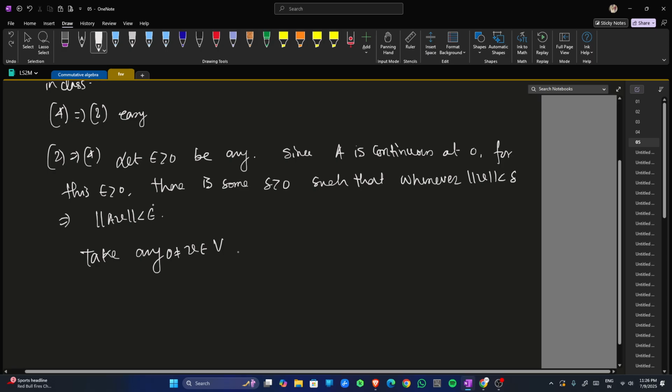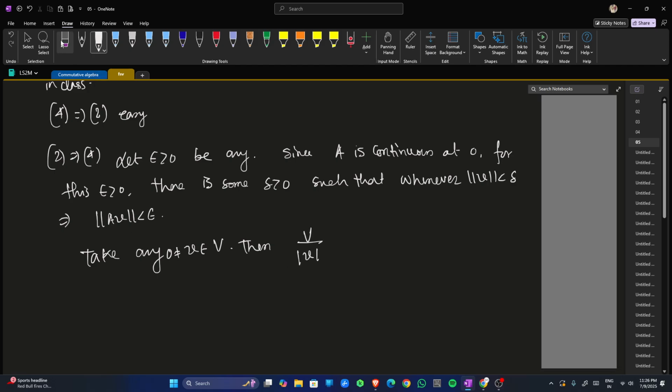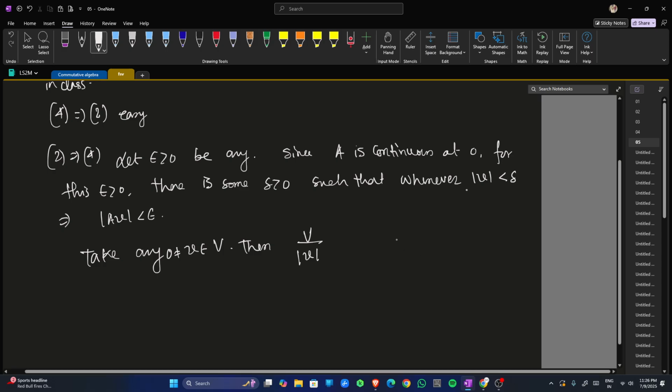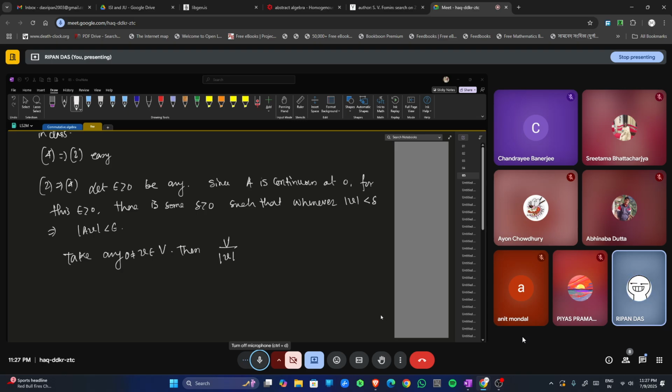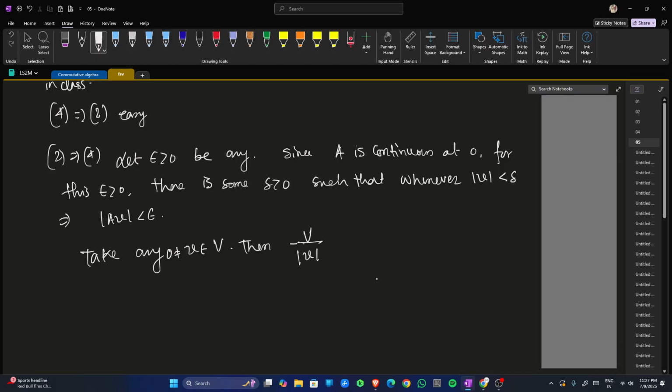then y equals delta v by 2 norm v. So what is the norm of v by norm v?